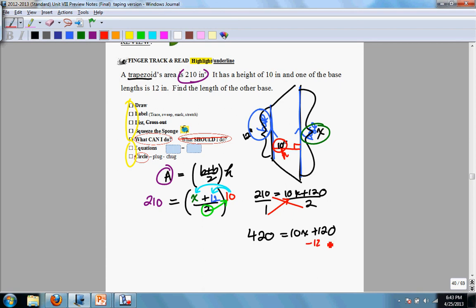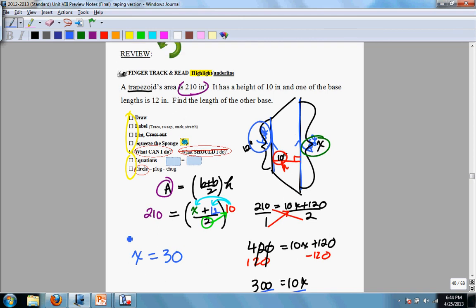We're going to minus 120 both sides. So we have 300 equals 10x. Divide by 10. We get x equals 30. And that is our missing base.